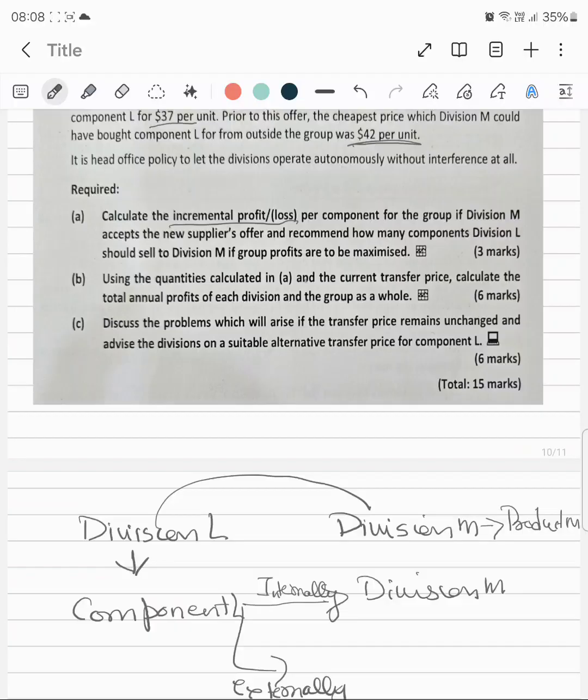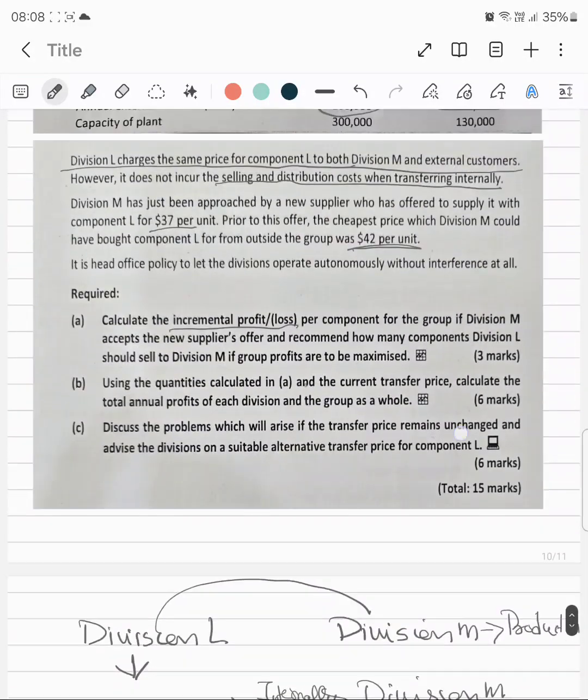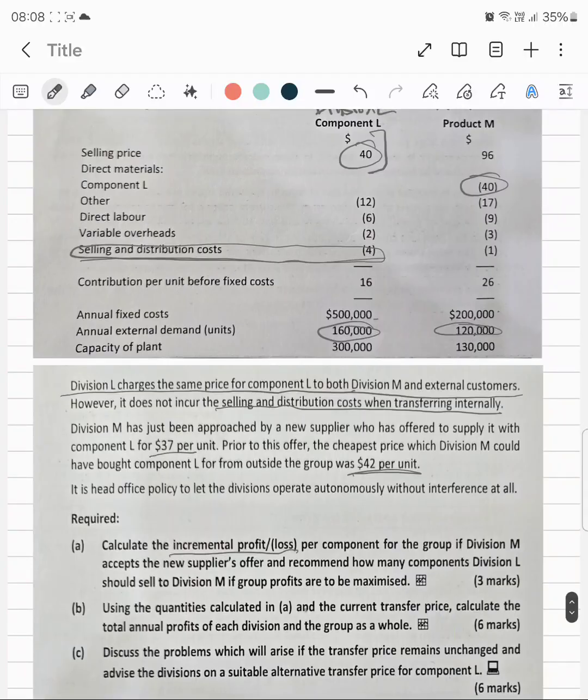So calculate the incremental profit or loss per component for the group if Division M accepts the new supplier. If Division M accepts the new supplier, the extra cost borne is 17, and the maximum capacity of the plant is 1,30,000.